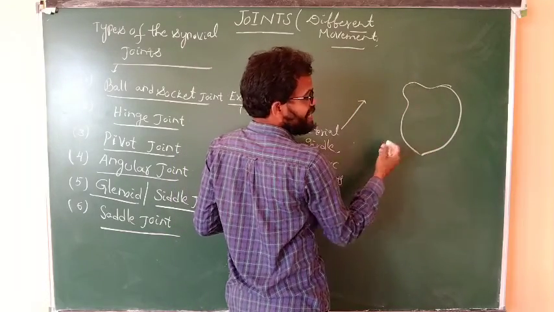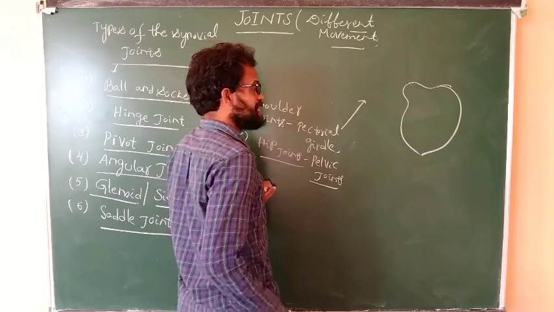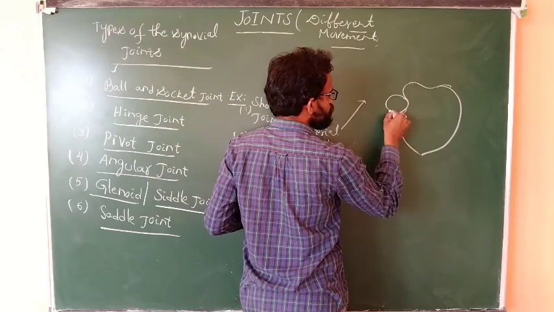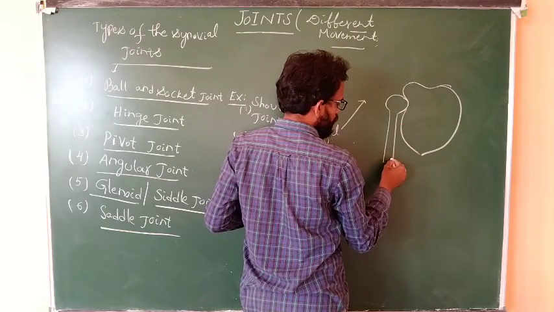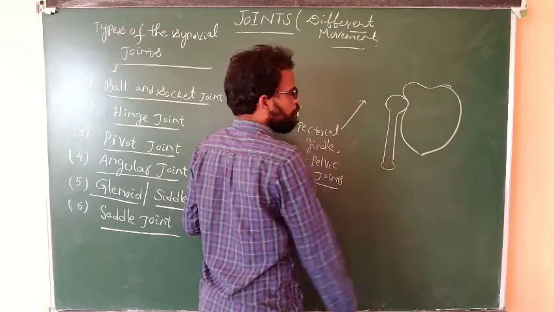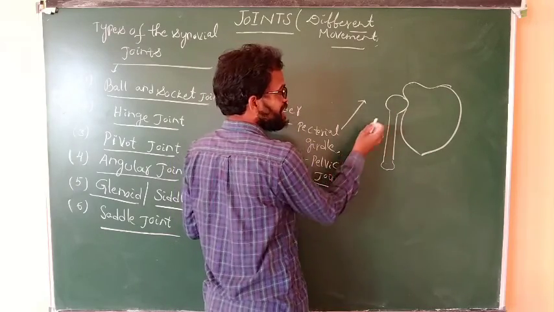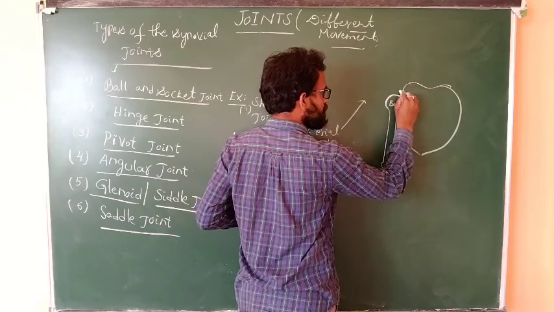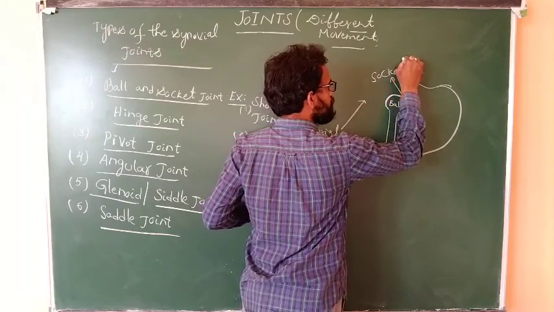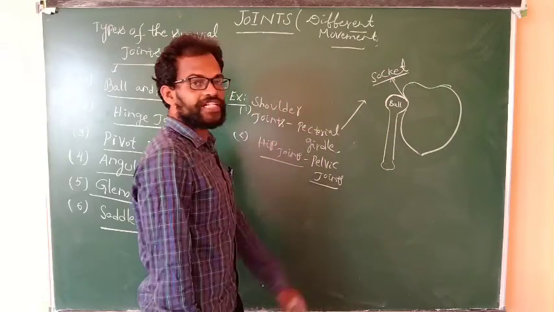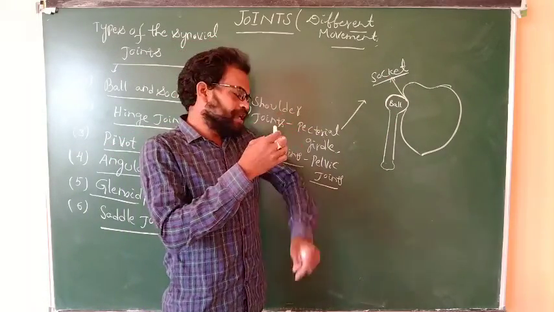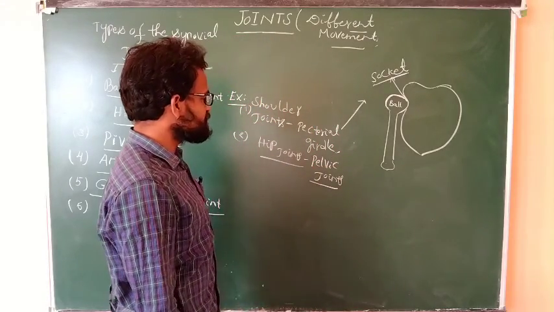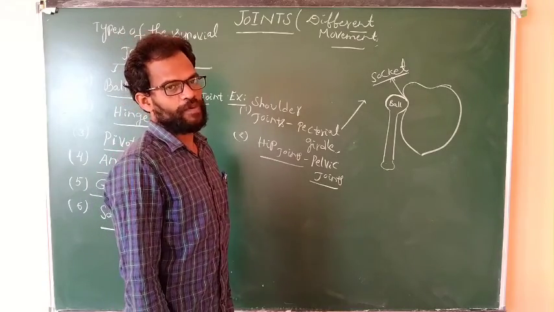The glenoid is nothing but a ball and socket joint. It is a ball, and it is the socket. The ball is joined with the socket. What is the example? Pectoral girdle. The second example, hip joint, the pelvic joints.